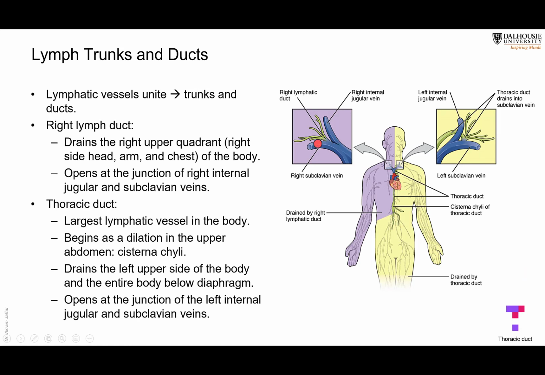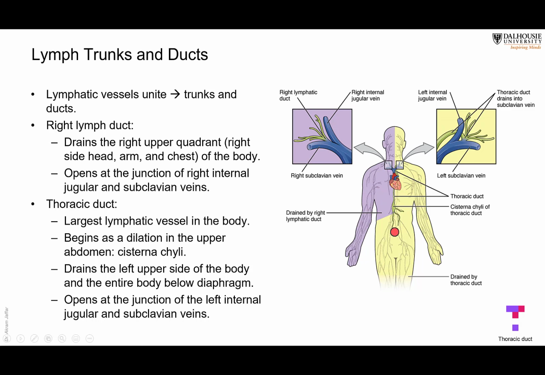So as I said, on the right venous angle, the angle between the internal jugular vein on the right side and the subclavian vein on the right side, opens a very short right lymph duct. And this brings lymph from about 1/4 of the body on the right side above the diaphragm. So the right chest, right upper limb, and right side of the head and neck.